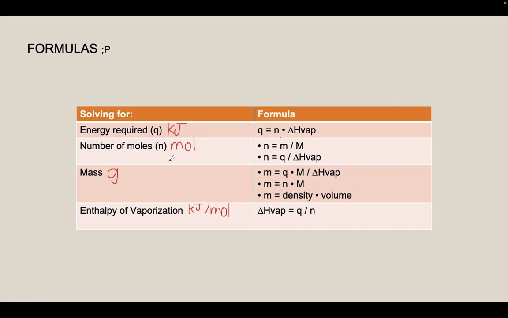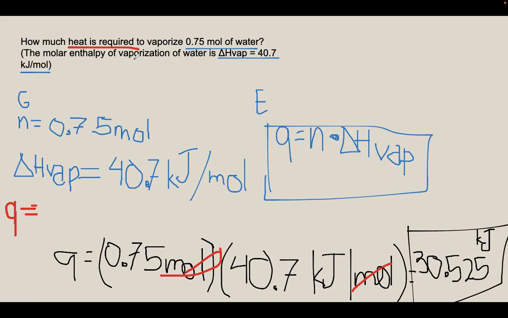So, sample problem na agad. How much heat is required to vaporize 0.75 mole of water? The molar enthalpy of vaporization of water is 40.7 kilojoule per mole. Sinabi kong ano yung hinahanap, which is heat. And then I assumed 0.75 to be n, kahit na hindi siya directly sinasabing n, kasi the unit of measurement is mole.